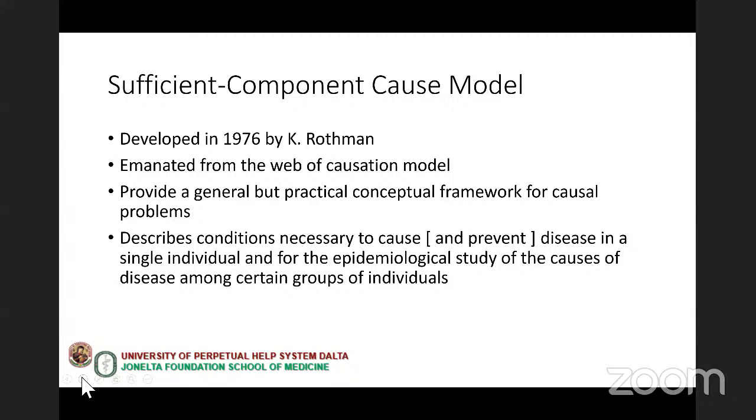This is to provide a general but practical conceptual framework for causal problems. It describes conditions necessary to cause or prevent disease in a single individual and for the epidemiological study of the causes of disease among certain groups of individuals.